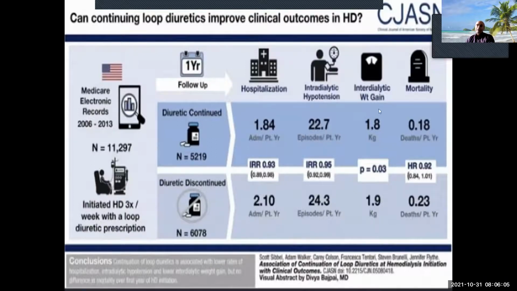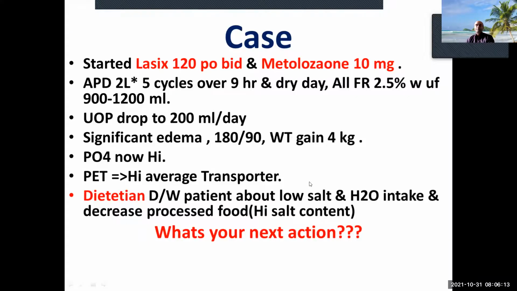We are using our residual renal function, and the mortality I think is better in patients on diuretics versus non-diuretic groups. Our case already started Lasix and metolazone 10 milligram. I think there is no benefit from metolazone, just Lasix is enough.